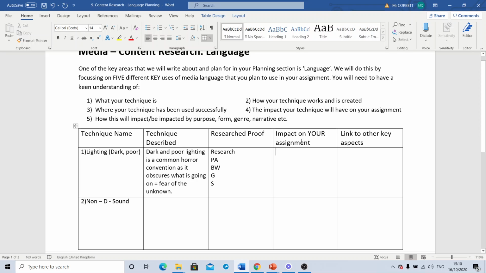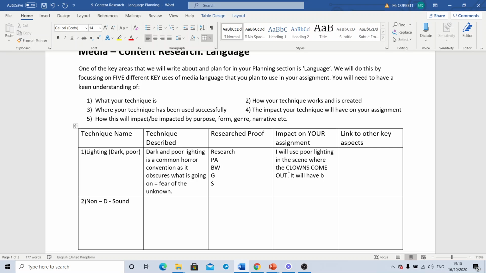Now, impact on your assignment might feel like it's a little bit like technique described, but I want you to be specific about what's going on in your assignment as well here. So I will use poor lighting in the scene where the clowns come out.